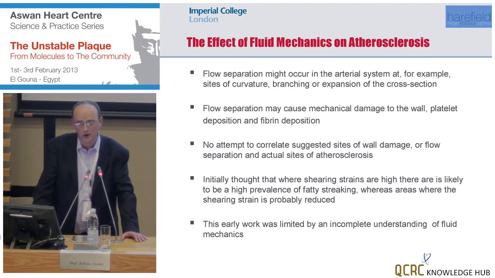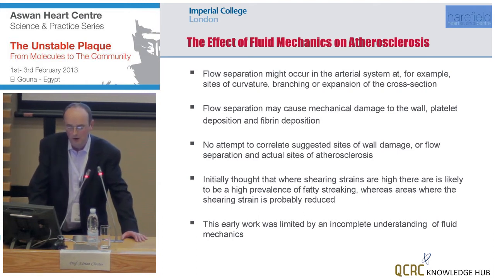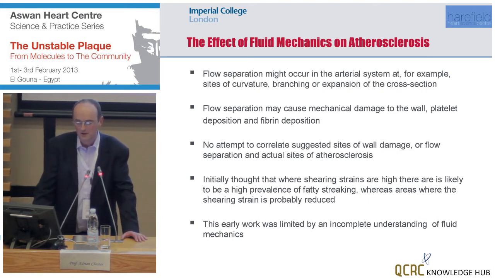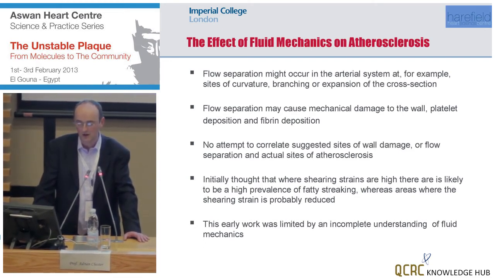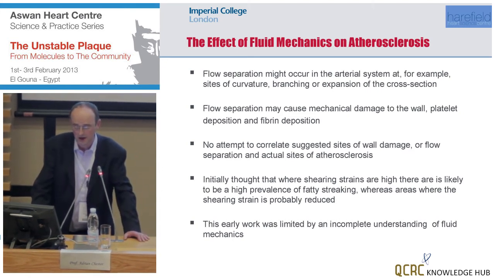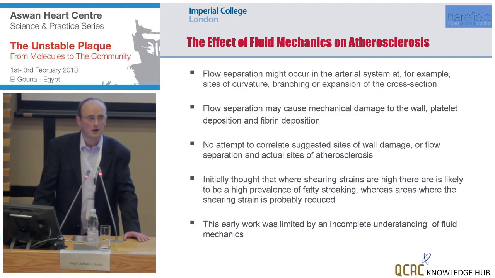But really, the early studies made no concerted effort to correlate their suggested sites of wall damage with the actual sites of atherosclerosis. They thought initially that high shear strains were likely to be the cause of the atherogenic process. However, this work was undermined by an incomplete understanding of fluid dynamics.